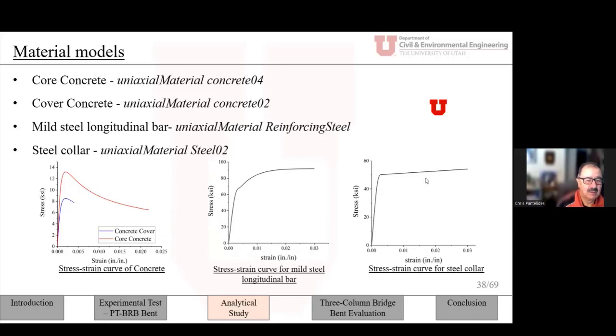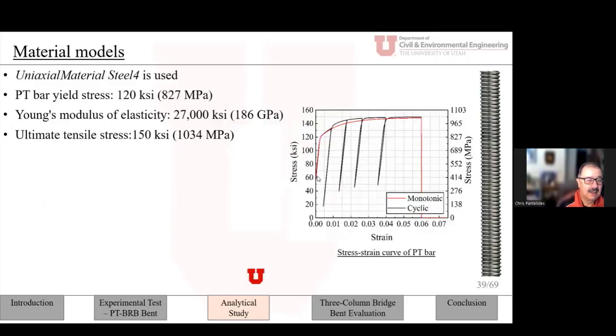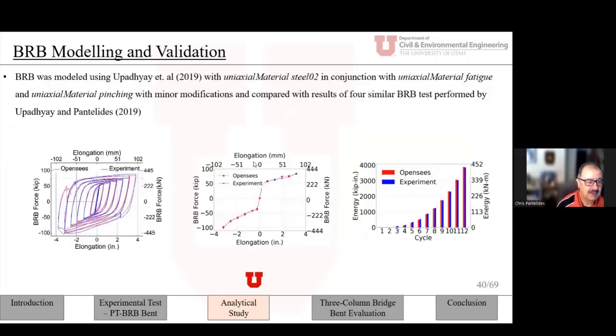So this shows you the model layout, more or less, of this test, which uses elastic beam column elements for the gaskets. We use a co-rotational truss element for the BRB and for the axial rods and the post-tensioning rods. We use an elastic beam column element for the cap beam, and you can see a nonlinear beam column element for the columns and different sections of the column.